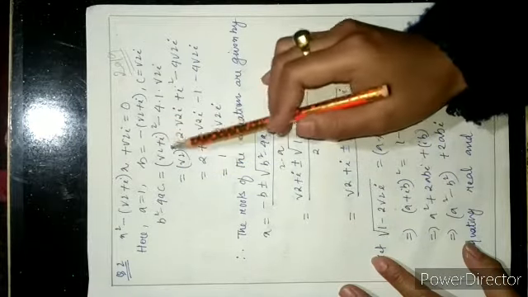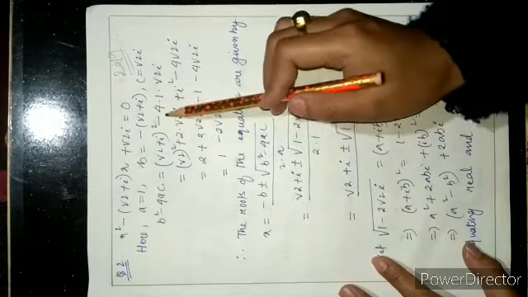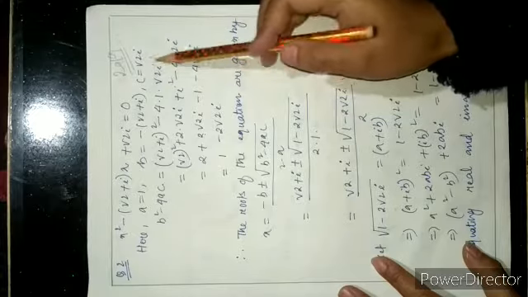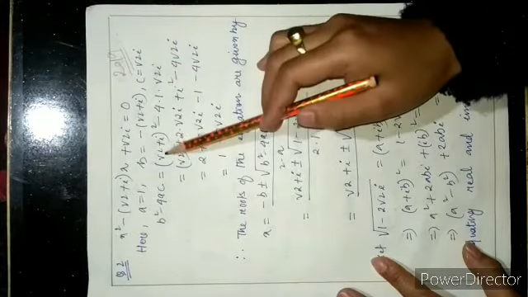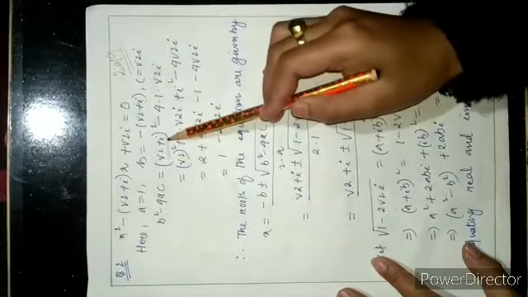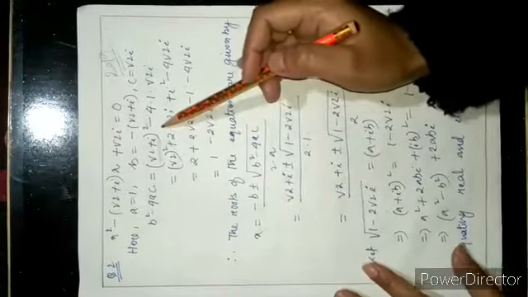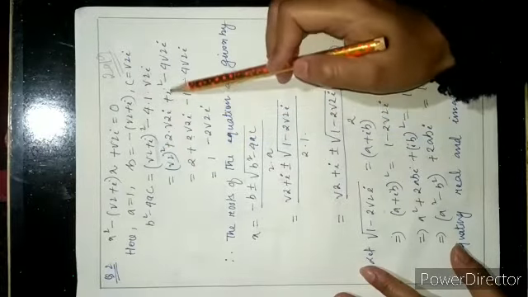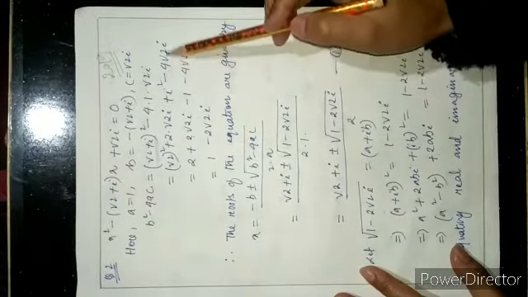b square is root 2 plus i whole square, minus 4 into 1 into c, where c is root 2i. Expanding root 2 plus i whole square using a plus b whole square: root 2 whole square plus 2 into root 2i plus i square, minus 4 root 2i.